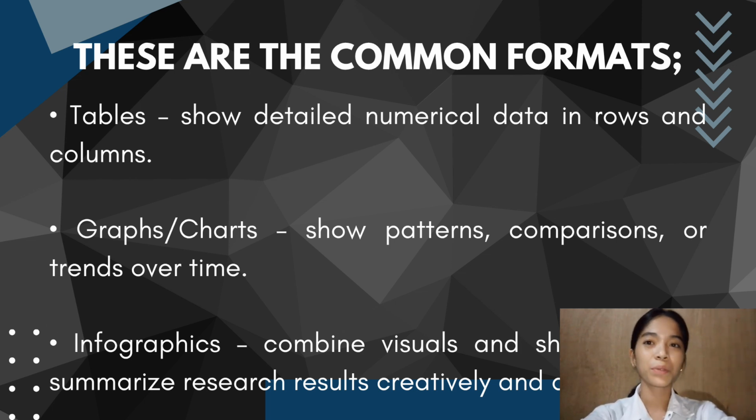And lastly, we have infographics. Infographics combine visuals and short text to summarize research results in a creative and attractive way. They are very effective when you want to make your presentation engaging and easy to understand.